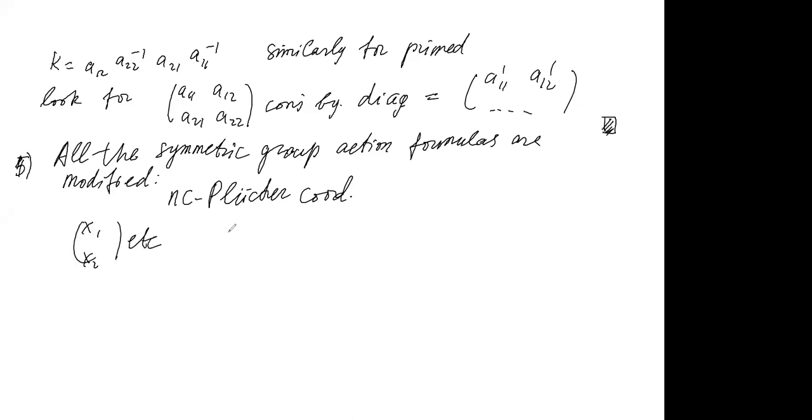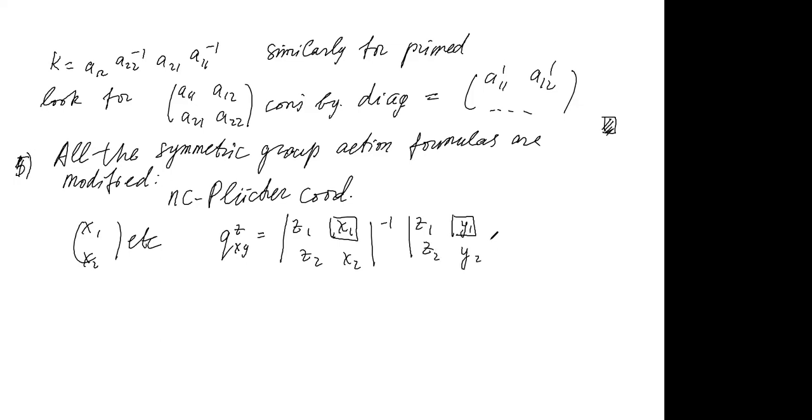Then we introduce the Plücker coordinate, say q, x, y, z, to be the following ratio of cross ratios of quasi-determinants: z1, x1, z2, x2, minus first, z1, y1, z2, y2.